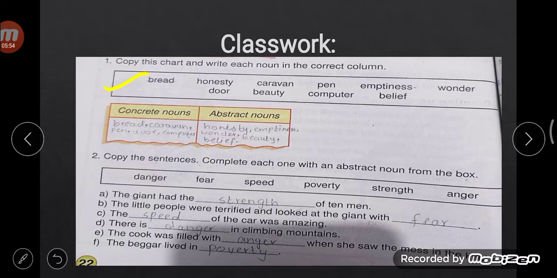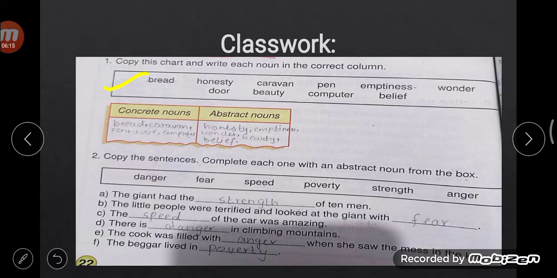The words are: bread, honesty, caravan, pen, emptiness, wonder, door, beauty, computer, belief. Now, what words will come in the concrete nouns column and what words in the abstract nouns column? First you will write the concrete nouns.